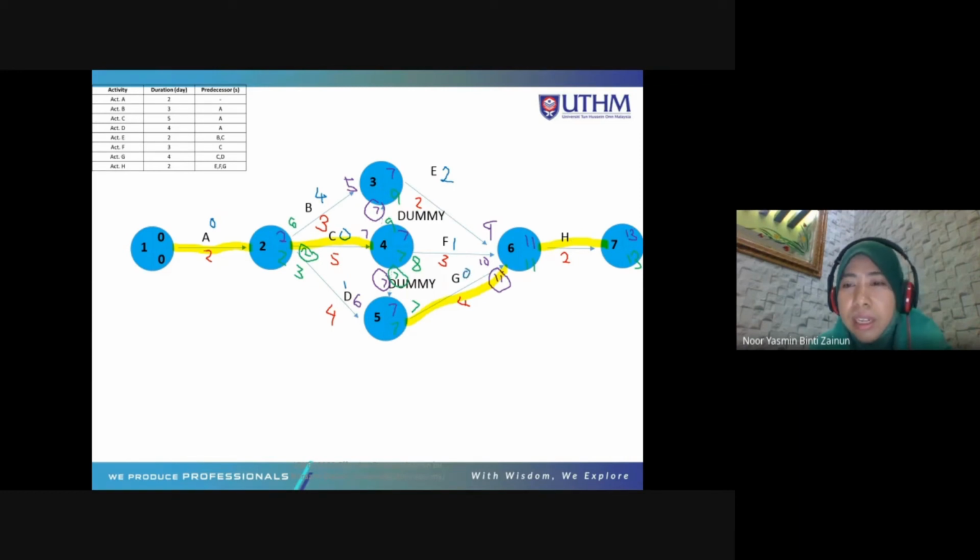And H, 13 minus 2 is 11, 11 minus 11 is 0. So this one is a critical activity, this one, this one and this one. That's how we get this path, which is A, C, G, and H.